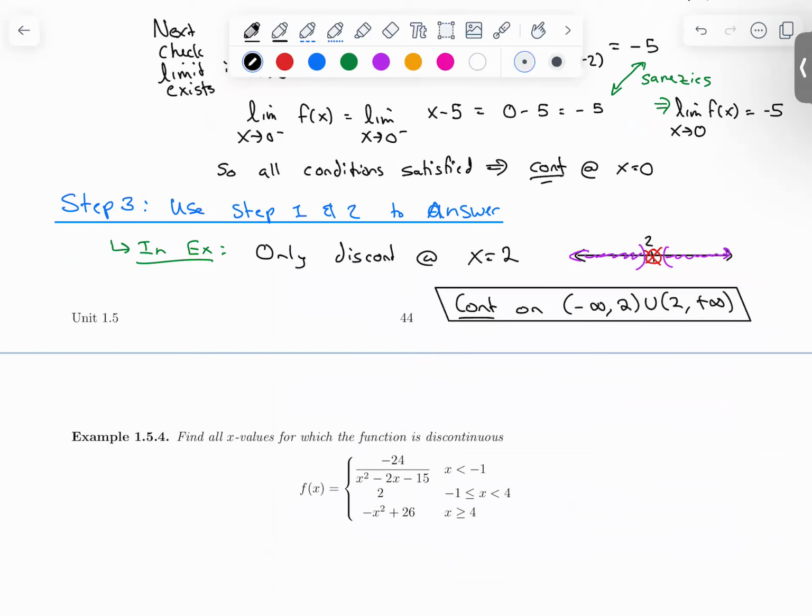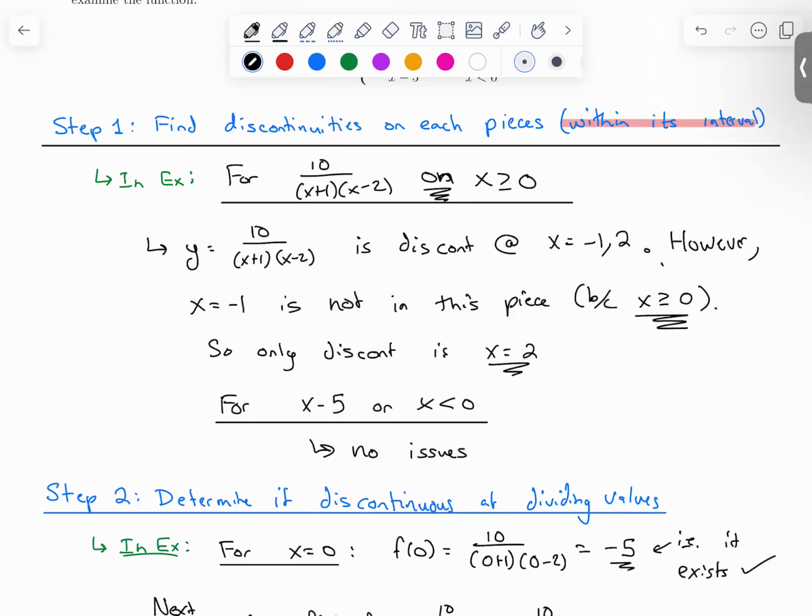Any questions on that? Yes. From the very first step, we found one discontinuity. Excellent question.